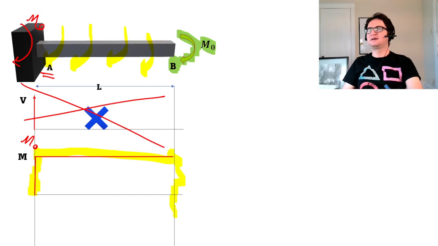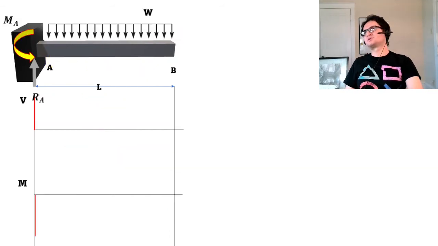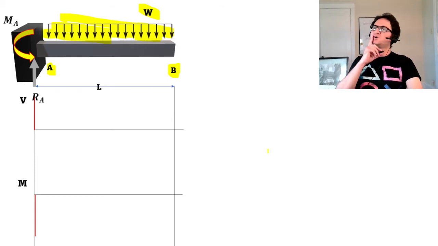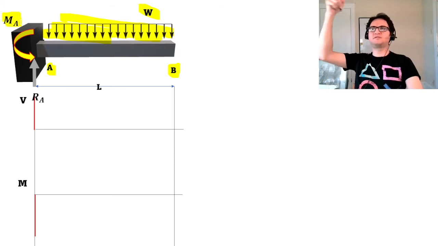Let's consider the other situation, the same beam but this time handling a distributed load of W. So we have AB, a cantilever beam again, handling a distributed load of W. Definitely there is a moment at A which should be cancelled out with the effect of the distributed loading.